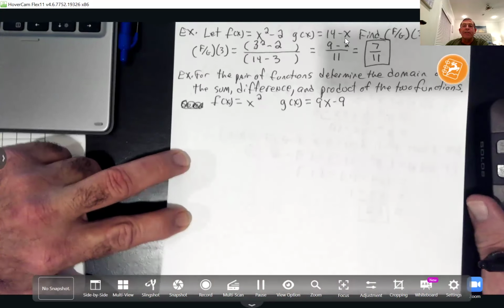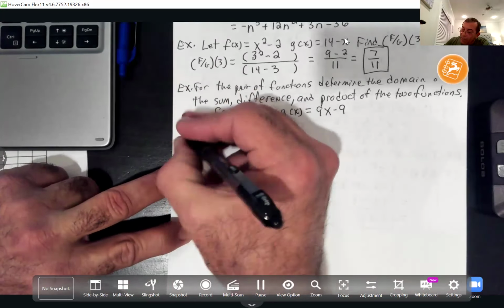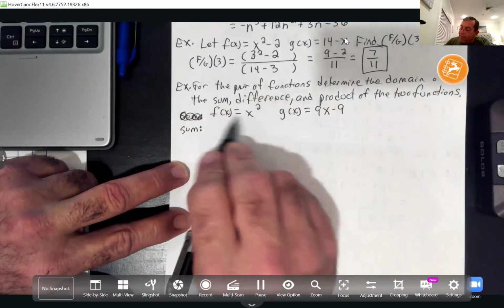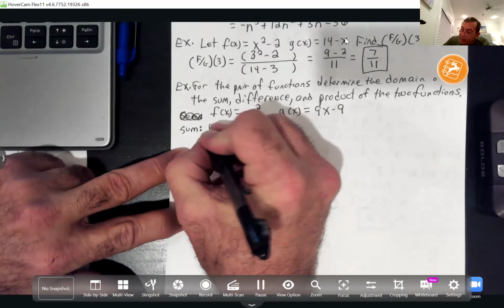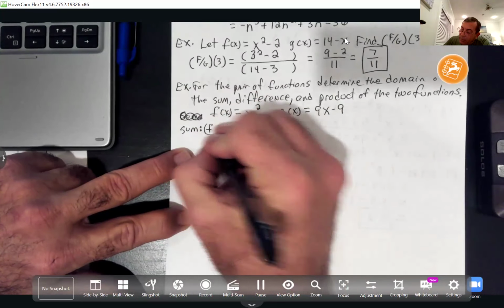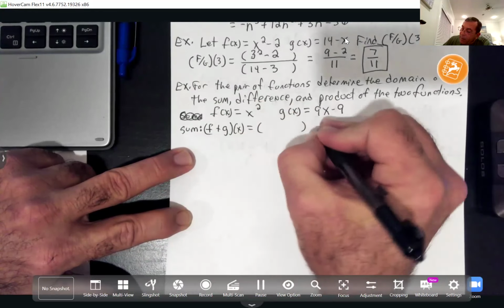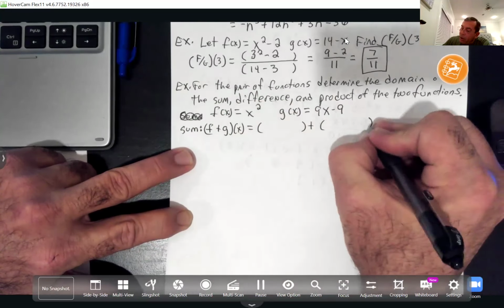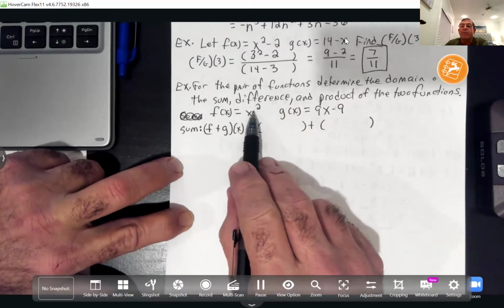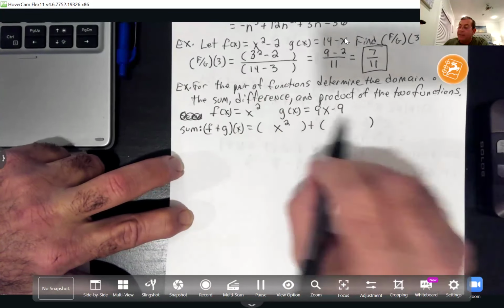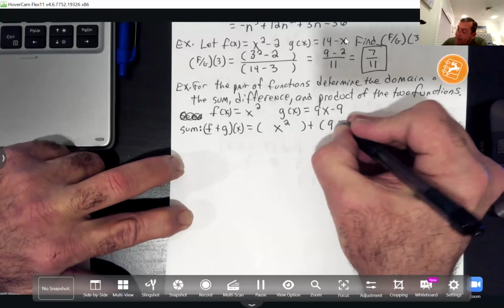I'm going to start with the sum first. The sum will be f plus g of x. So that'll equal our f plus our g. Well, f of x was x squared. G of x is 9x minus 9.